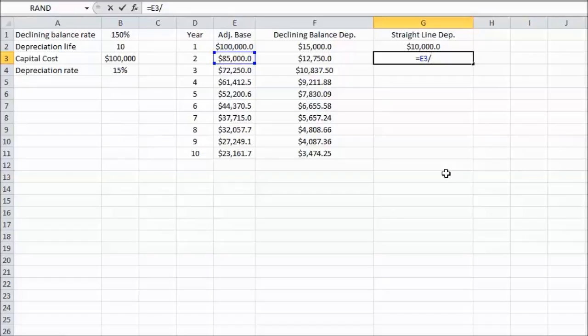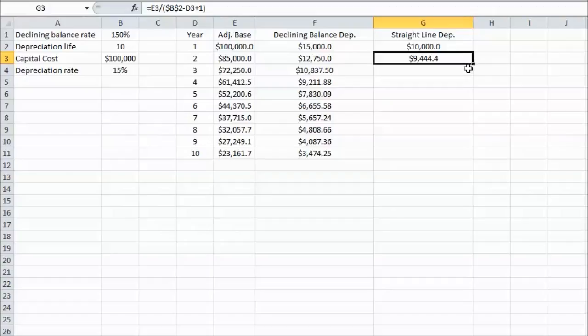I will use this depreciation life, fix it, minus the year and plus 1, because this is year 2, but I need to consider year 2 as well. So this is going to give me the depreciation if I use a straight line, and again, this is constant for 9 years. From year 2 to year 10, including year 2, the depreciation is going to be $9,444 if I use the straight line.